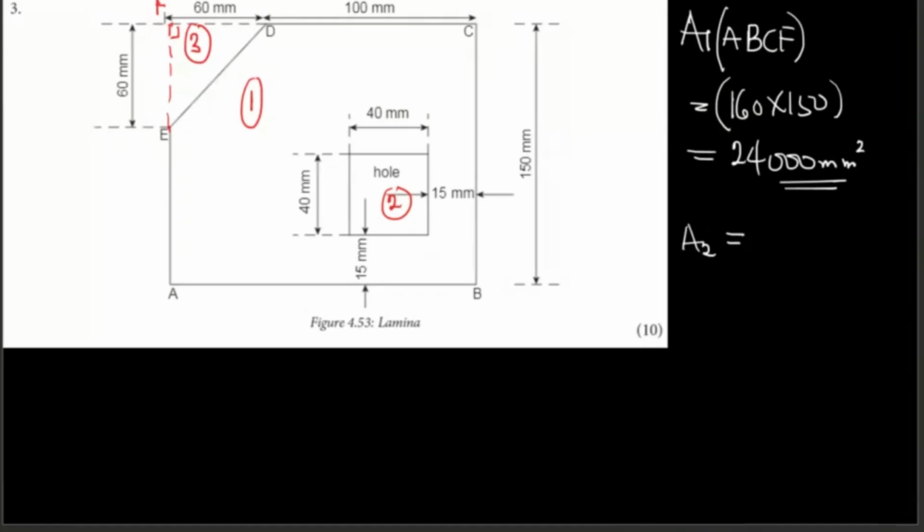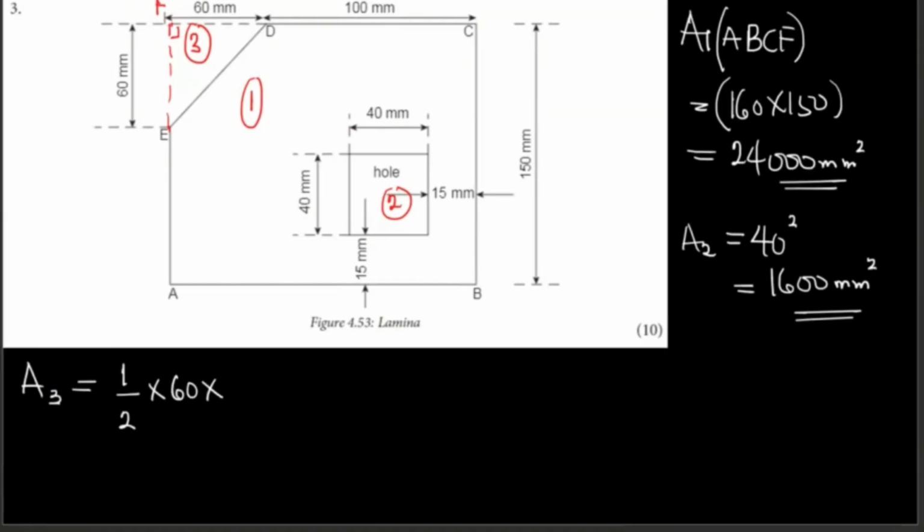That is 40 squared, which is what? There is another area there, A3. Area of a triangle is half base, which is 60, times height, which is 60. This will give you what? 1,800.